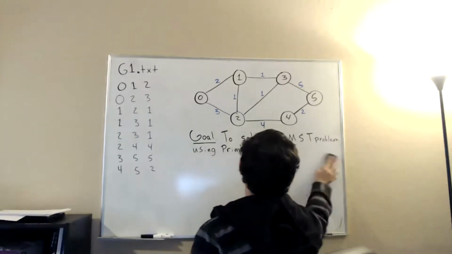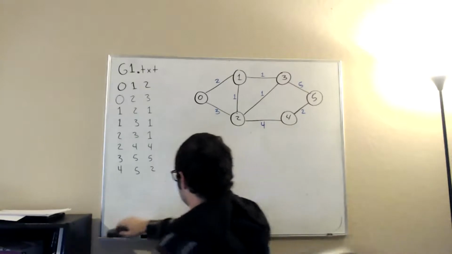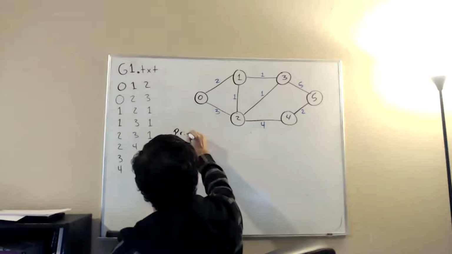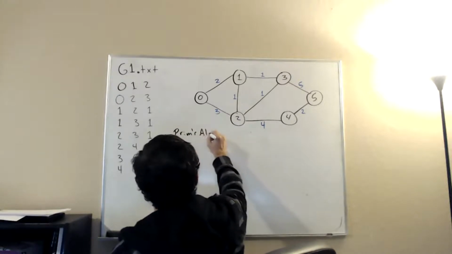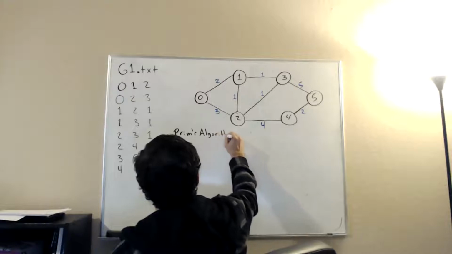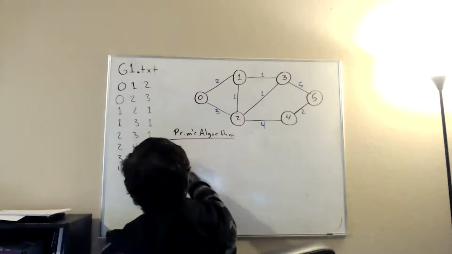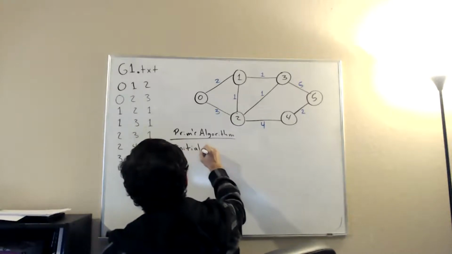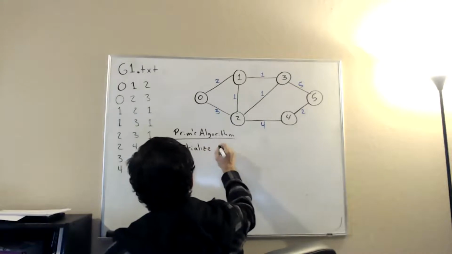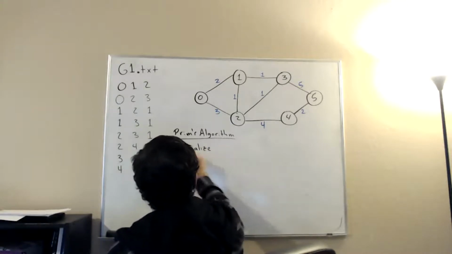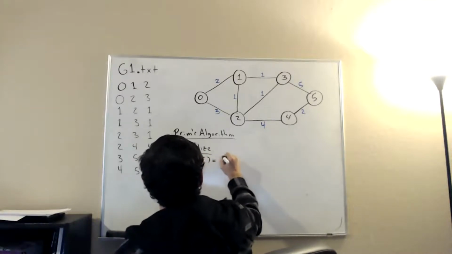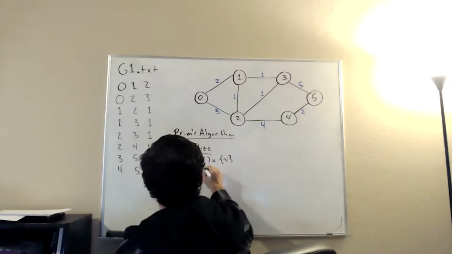So let's go ahead and write this out. Here's Prim's algorithm. The first step is to initialize an empty tree. So we're going to say V of T is equal to some vertex v, and the edge set of T is empty.